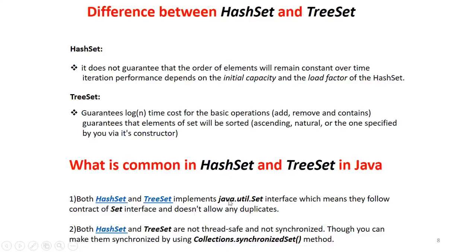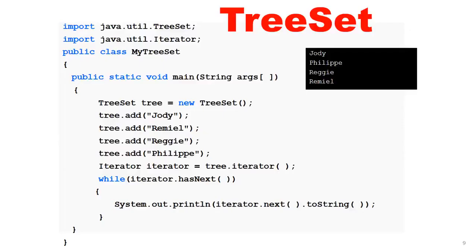So both HashSet and TreeSet maintain uniqueness, and both are not thread safe and not synchronized. Very important point. Though you can make them synchronized by using the Collections.synchronizedSet method. Later on we will also discuss the Collections class. So this is the difference between the two, and next we will discuss how you can use TreeSet.